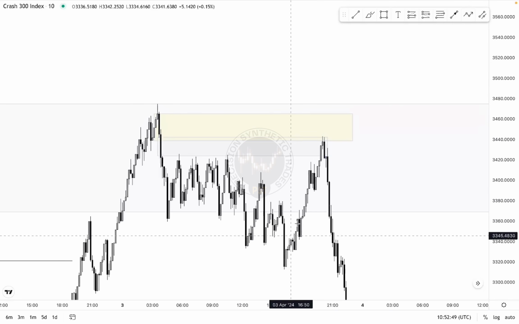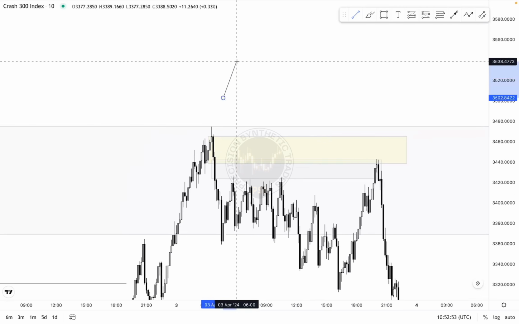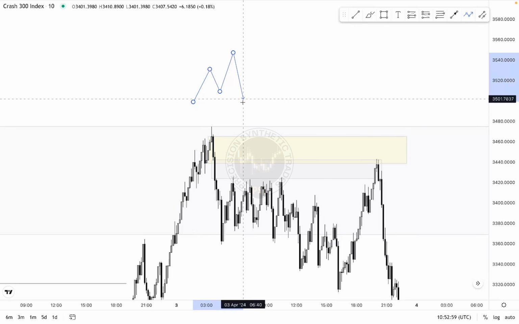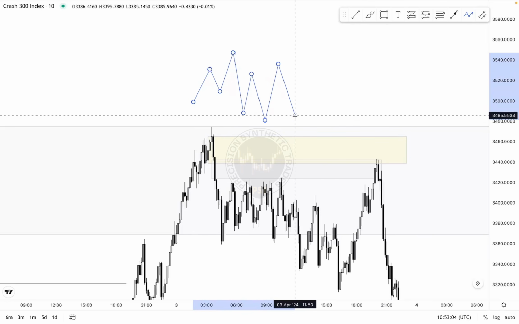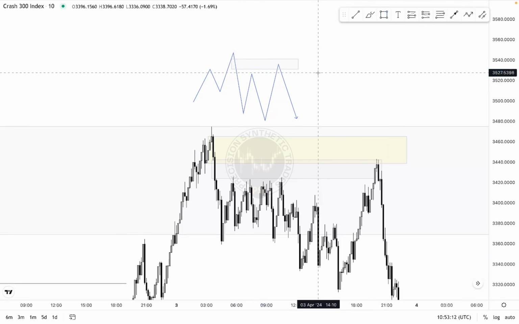So price came up. So remember our formation that we are looking for. Price made a high, broke here, liquidity was created and we enter from a POI.